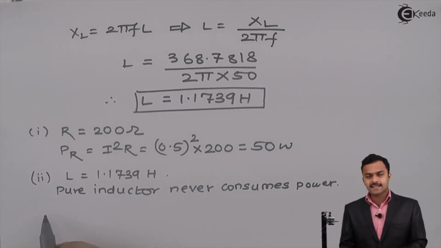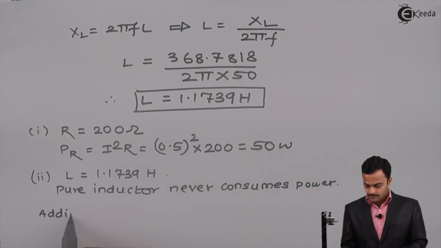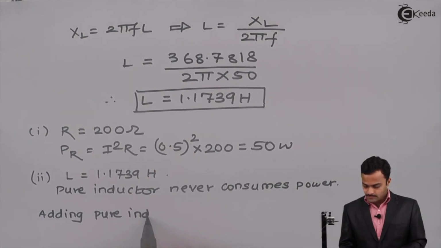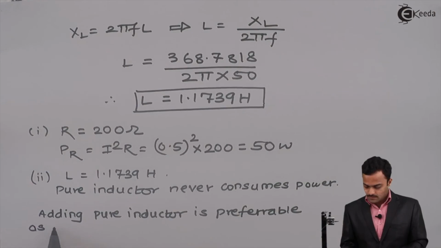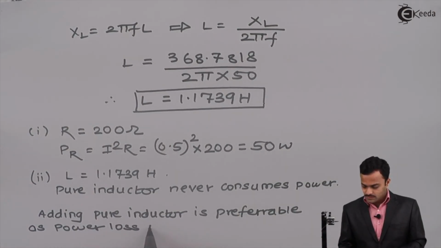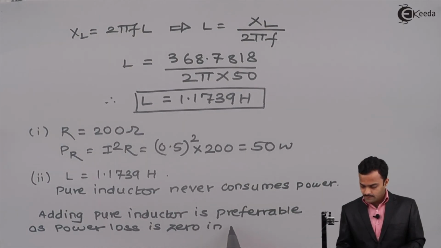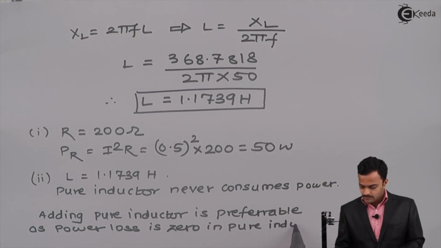So I can say technique 2, adding a pure inductor, is preferable, as power loss is 0 in a pure inductor.